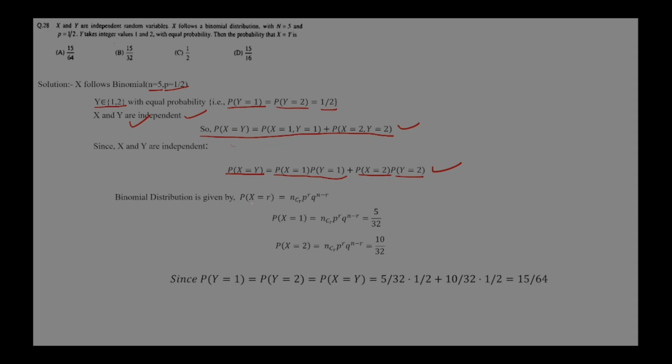Now, for the binomial distribution, you know this is the formula. So for x equal to 1 and x equal to 2, putting the values in this equation, we get 15 by 64. Straightforward.